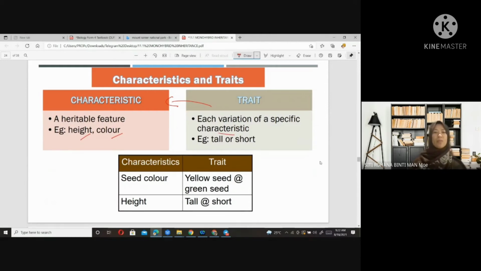Apa yang ada bawah karakteristik? Awak nak kaji apa? Ketinggian, tinggi, rendah. Color, yellow, green. Okay, purple, white. So example for trait, tall or short, for height. Okay, simple. So given examples here, okay, seed color, yellow seed or green seed for trait. Characteristic height, tall or short for trait. Okay.